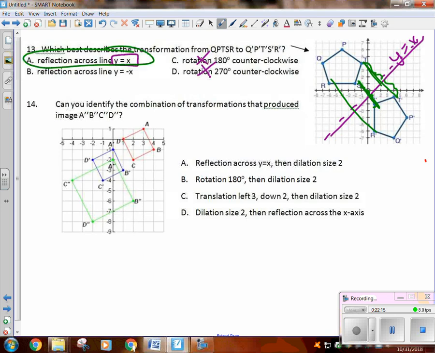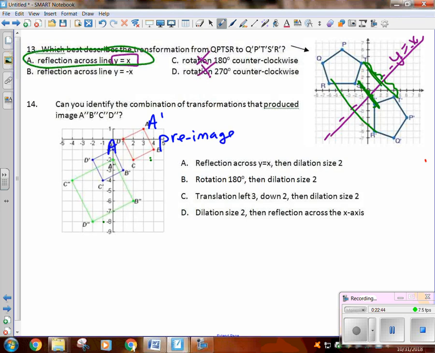I'm hoping that as we're going through this, it does seem to make sense. Now, I have a red triangle, a red square looking figure, a blue square, and a light green square. Which combination of transformations? In other words, we did more than one thing to this. I want you to notice that I have A right here, regular A, so this one is my pre-image.